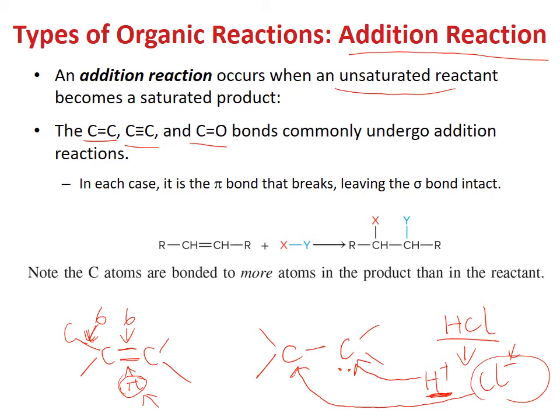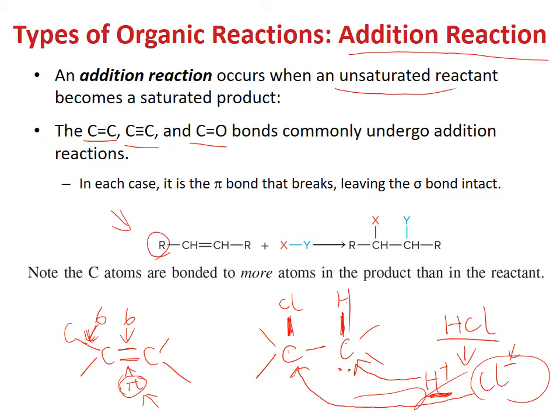And therefore, it forms a saturated compound where chlorine adds to one carbon and hydrogen adds to another. The pi bond is replaced by two single bonds, one carbon-chlorine and one carbon-hydrogen. So here is the general equation for the addition reaction.